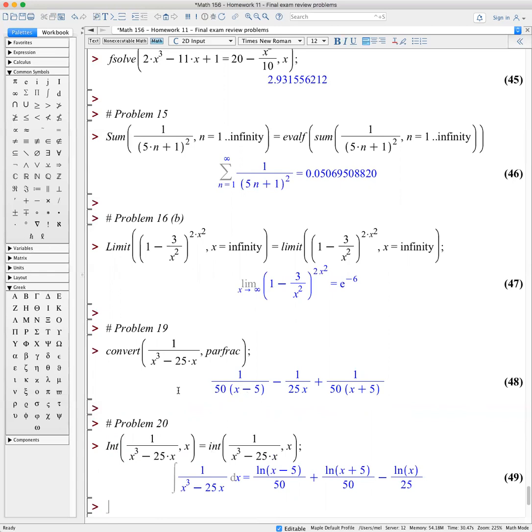So this term gives us 1 over 50 log of x minus 5. This term gives us minus 1 over 25 log x. This term gives us 1 over 50 times the log of x plus 5.